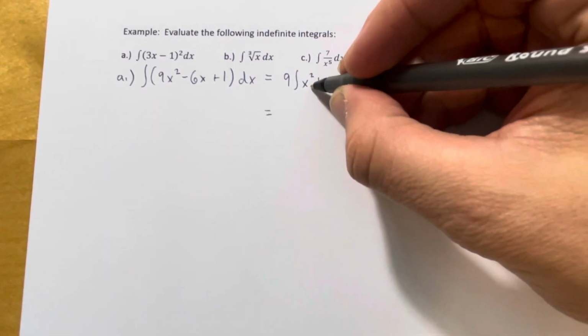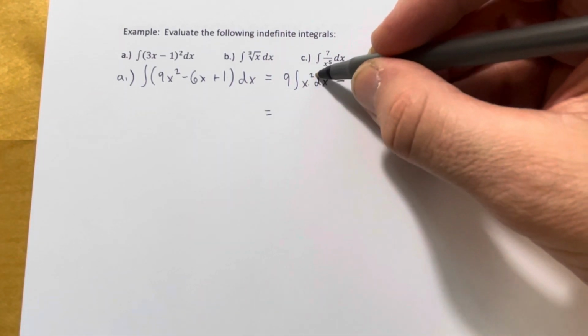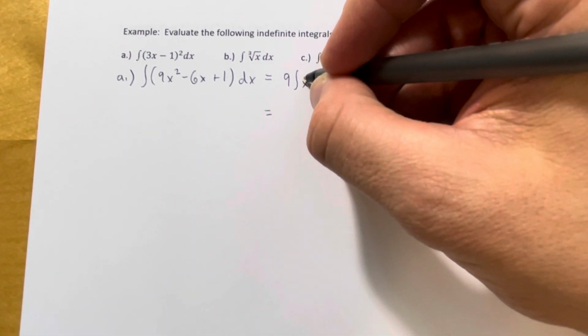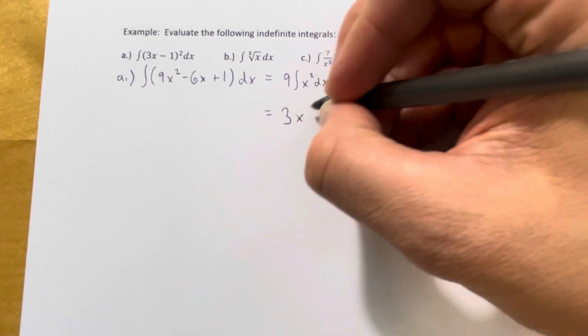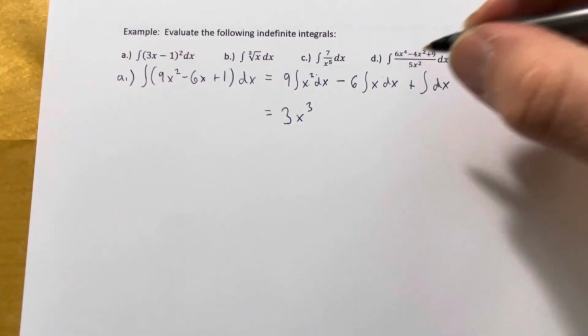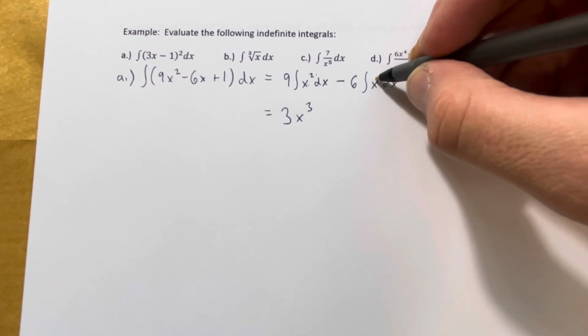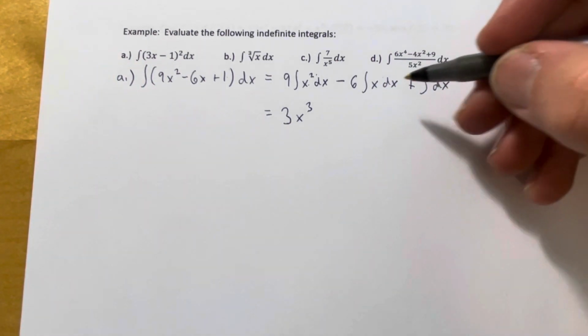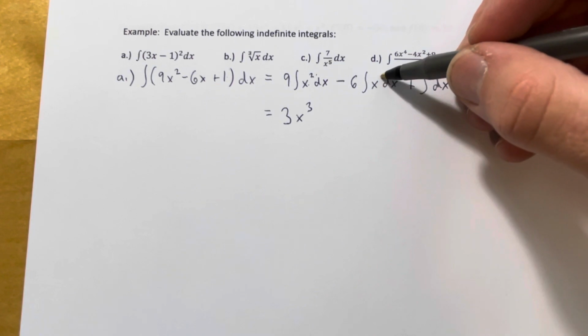So the antiderivative of x squared using my power rule would be 1/3 x cubed. But 1/3 is going to get multiplied to this 9 here. So it's actually 3x cubed. Okay? Now here, the antiderivative of x, remember, think of that as x to the first power, would be 1/2 x squared.